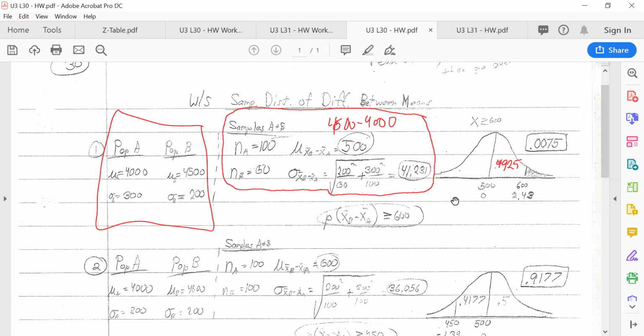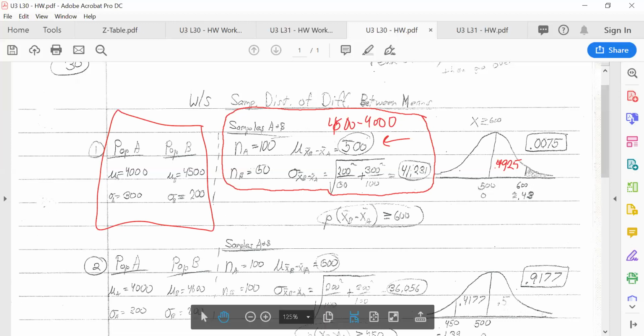It says, what's the probability that the breaking strength of B will be at least 600 pounds more than A? But B already lasts 500 pounds more than A. So 500's in the center, 600 is just to the right, and you shade to the right, at least 600 pounds. So I just calculate the z-score, and that's the one thing I don't have on here.